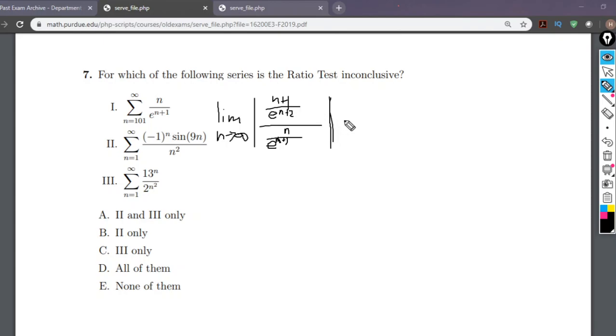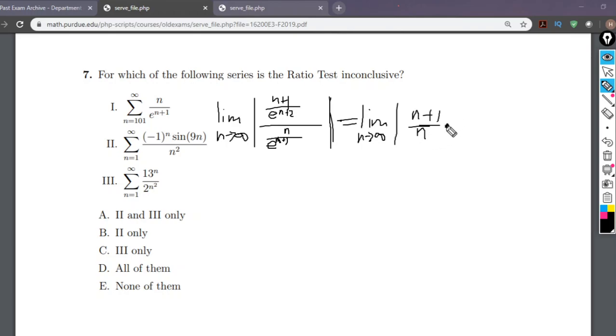Right. So now we can take this and flip the bottom fraction up. See this fraction line as a division, and then we can rearrange these terms to like terms.